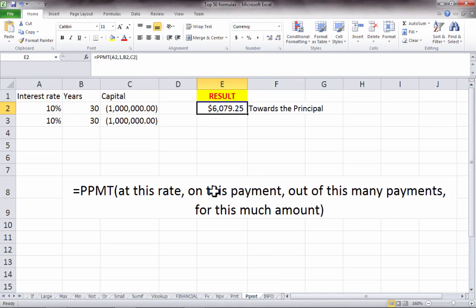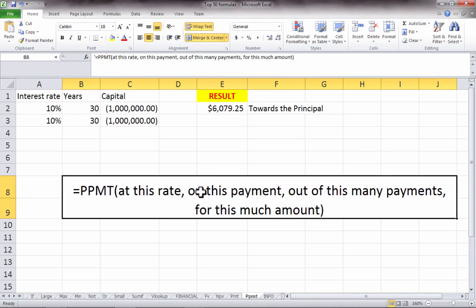PPMT. So this is similar. This is related to the PMT formula from a while ago. So we're specifying the rate, on this payment out of this many payments and for this specific amount.